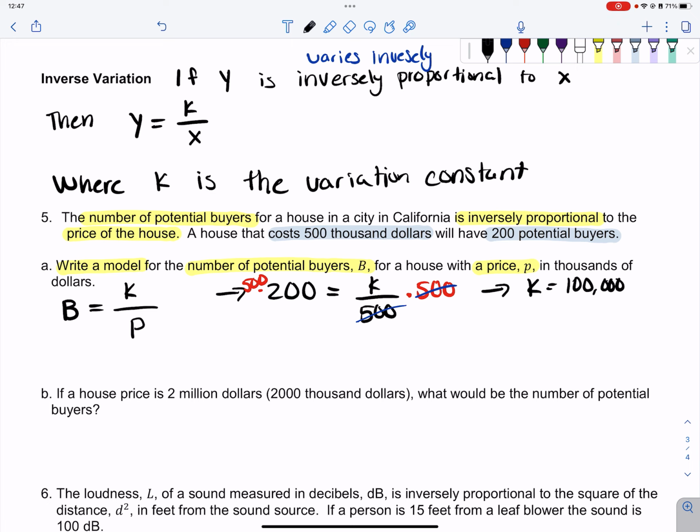Now I can go back to my starting equation that I wrote, B equal to K over P, and replace K with 100,000. So we have B equal to 100,000 over P.